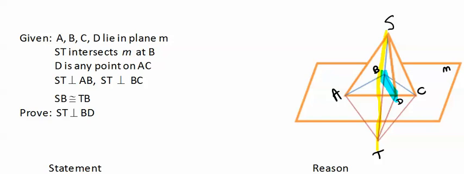So let's start with our given. We're given that ST is perpendicular to AB and ST is perpendicular to BC, and that SB is congruent to TB.